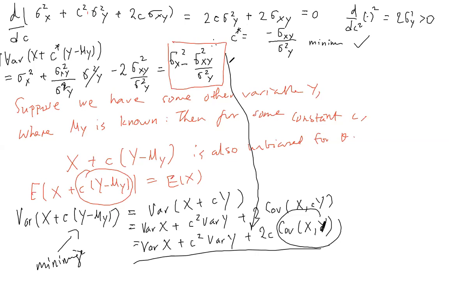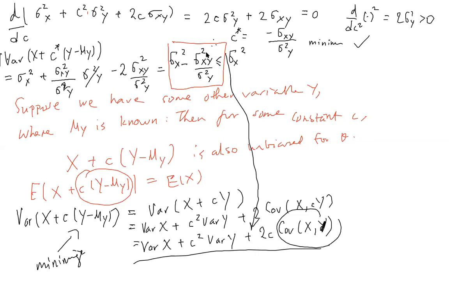Okay, so you have this thing here. Can you see that, of course, this is less than or equal to the variance of x, right? Because you are subtracting a positive term, because this is the square of the correlation. So it's very interesting, because as long as your control variable y is correlated to your x, doesn't matter whether it's a positive or negative correlation, it will achieve a reduction.